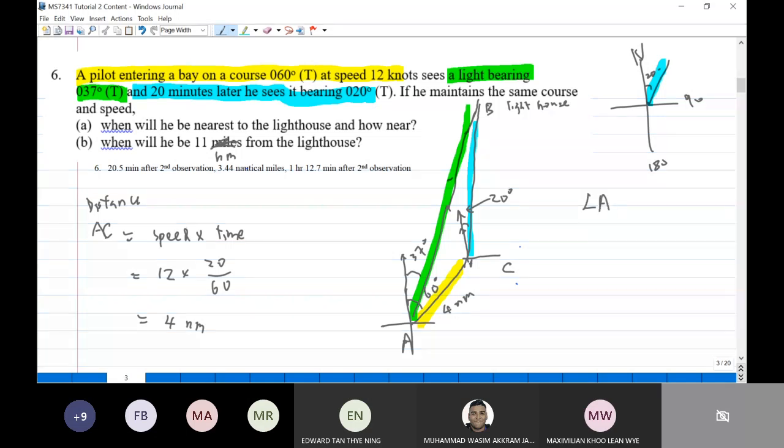What is angle A? Angle A is 60 degrees minus 37 degrees, right? So this is angle A. You press the calculator, 60 minus 37, and you get 23.